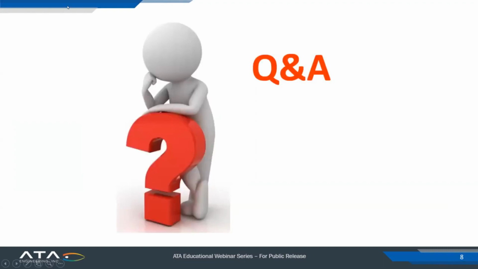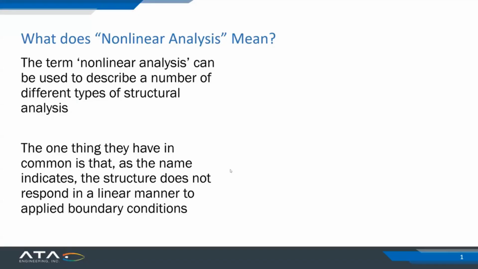So I'm going to get us started here starting from the basics. First off, what does nonlinear analysis mean? When we are talking about nonlinear analysis, generally it's describing a number of different types of structural analysis, but the thing that they have in common is that the structure is no longer responding in a linear manner to your applied boundary conditions.